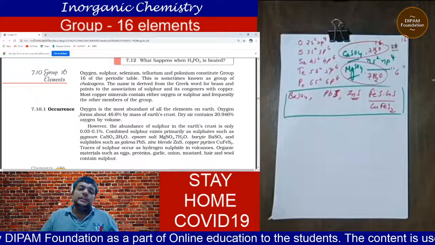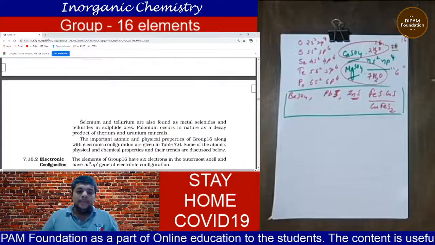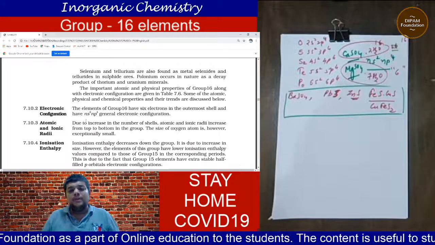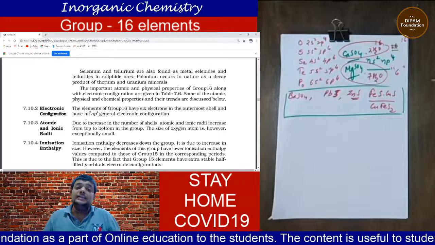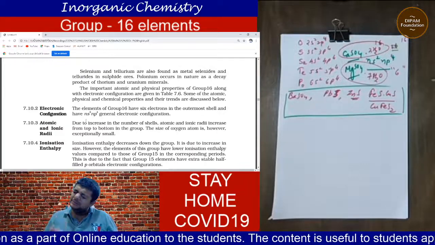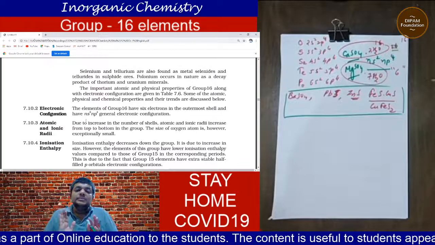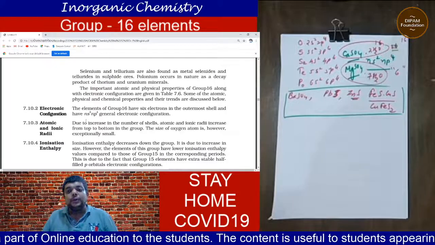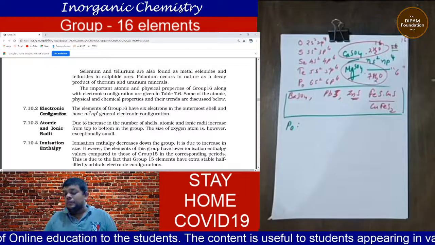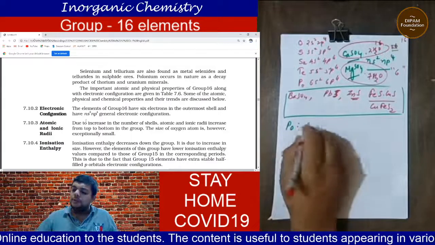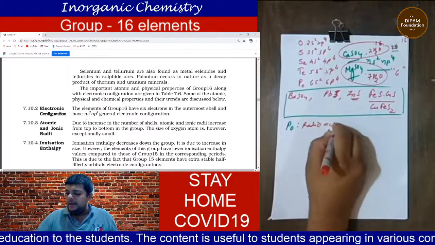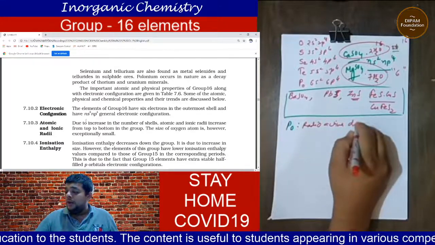Going further in the same streamline, it is mentioned that selenium and tellurium are also found as metal selenides and tellurides in sulfide ores, and polonium occurs in nature as a decay product of thorium and uranium. So we should be aware from now that polonium is a radioactive daughter element.